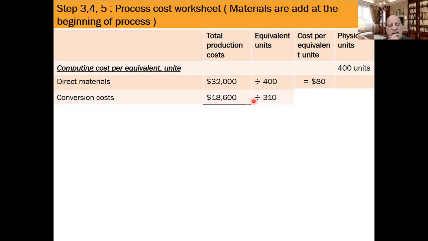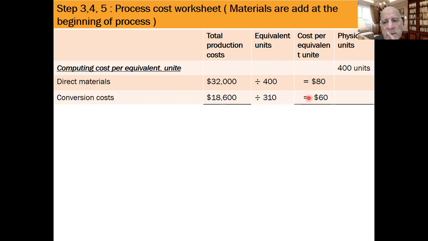They are 310 equivalent units. Dividing these costs by the equivalent units, we will have cost per unit of the conversion costs equals $60.